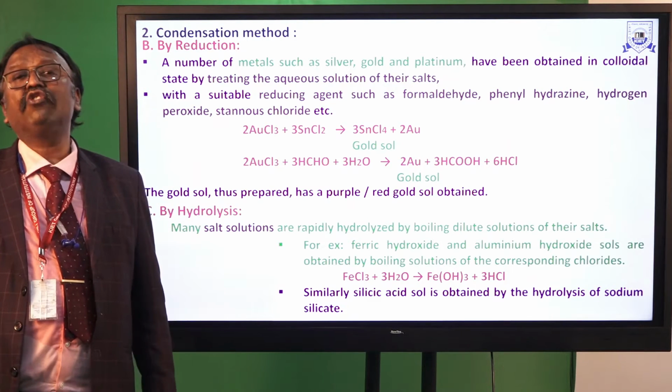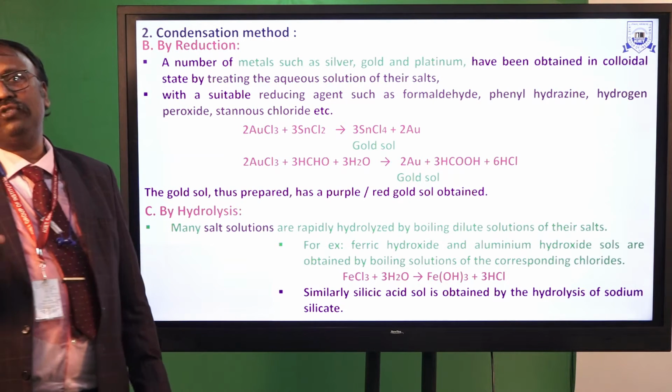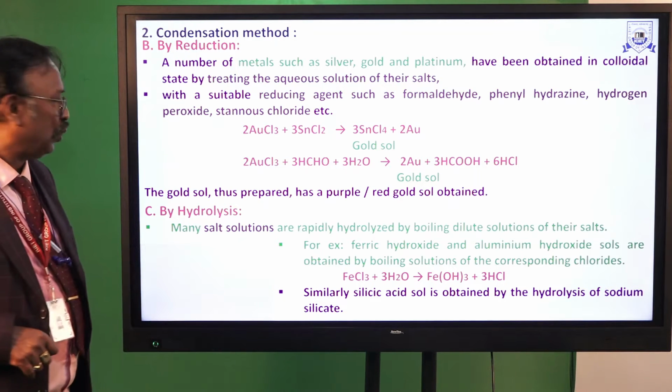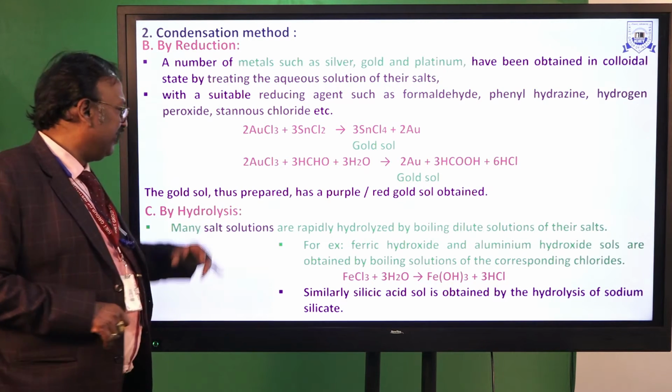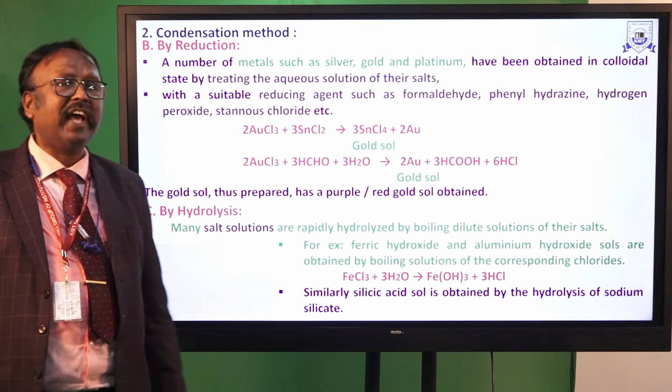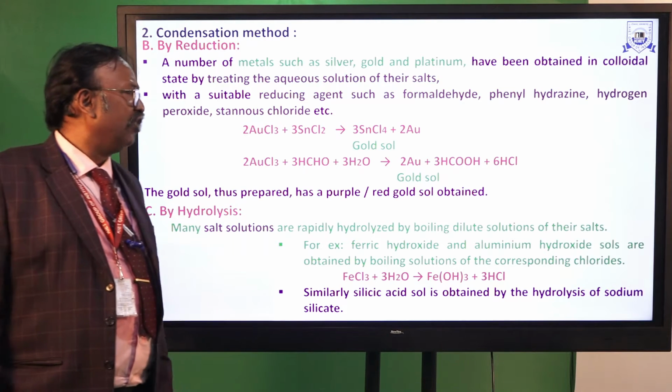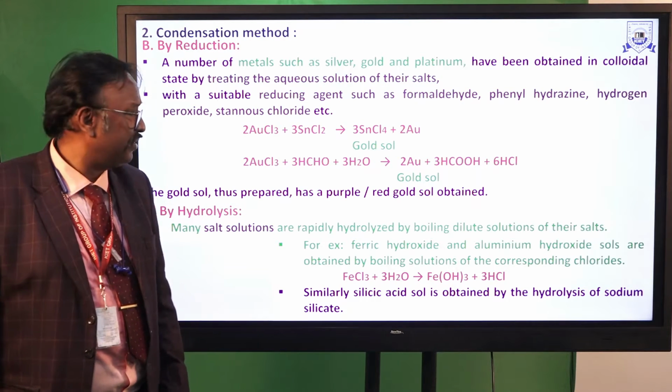Next, the third one is hydrolysis. This is also another method used for the preparation of colloidal dispersion. Many salt solutions are rapidly hydrolyzed by boiling dilute solutions of their salts.